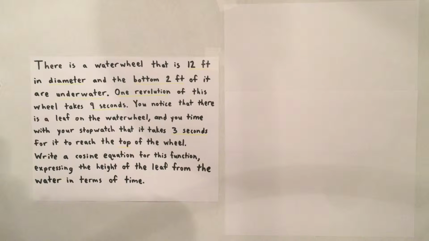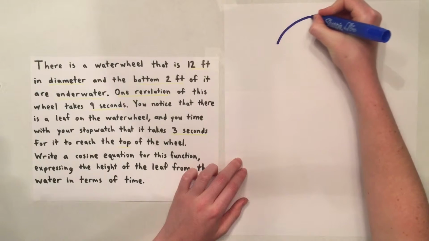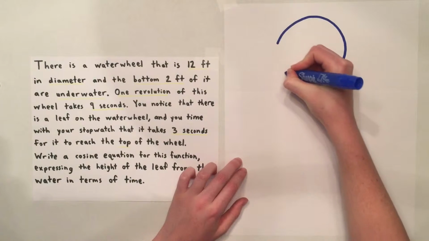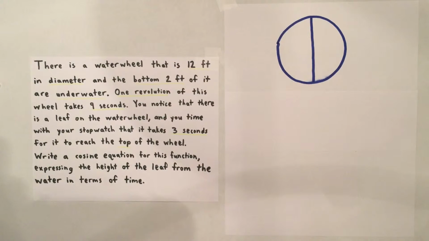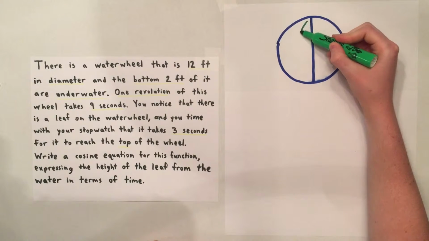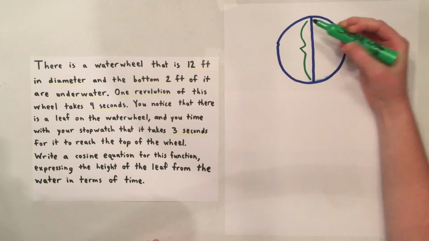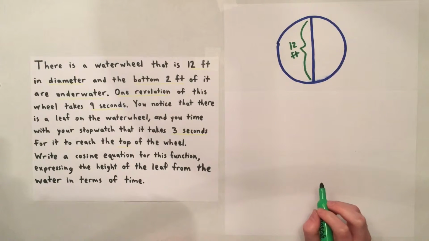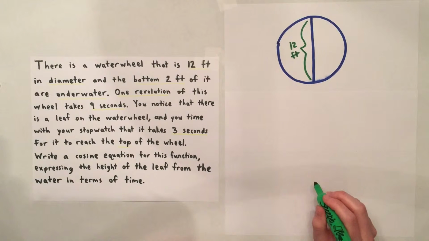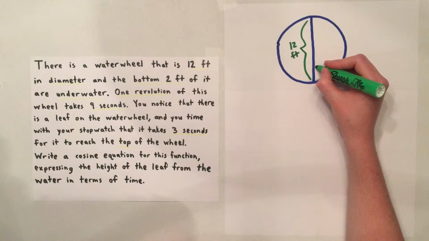The first thing I would like to do is draw a picture of what is happening in this problem. The problem says that there is a water wheel that has a diameter of 12 feet. The problem also says that the bottom 2 feet are underwater.